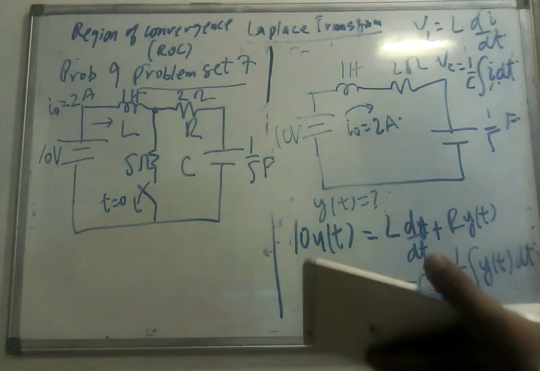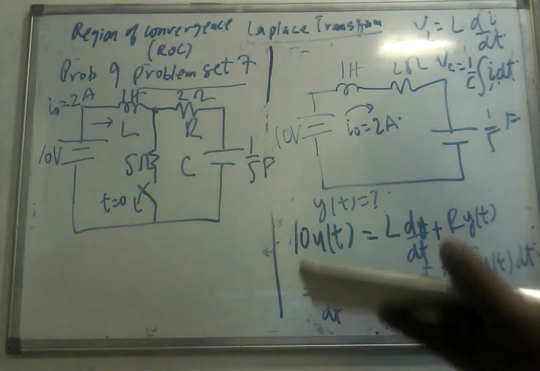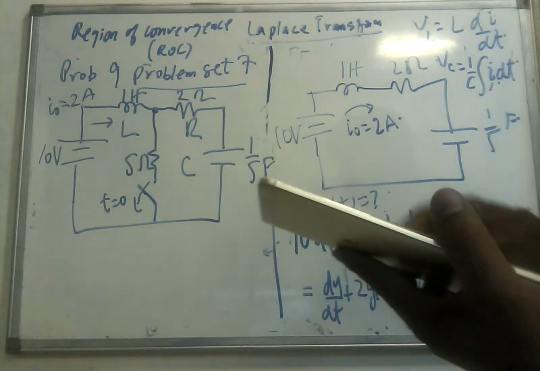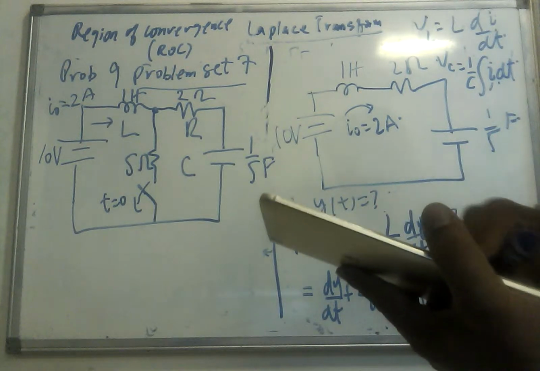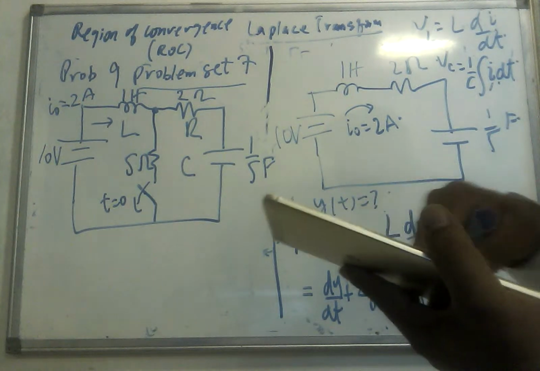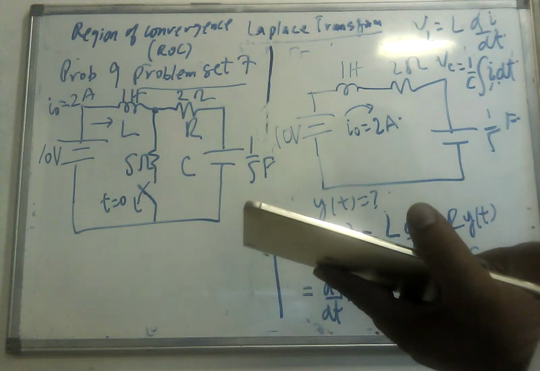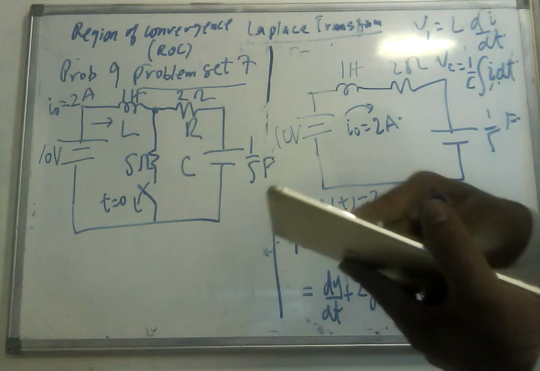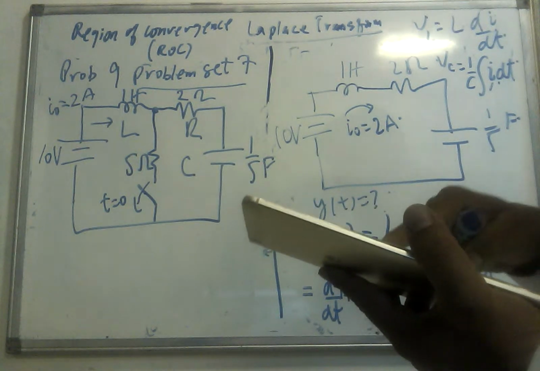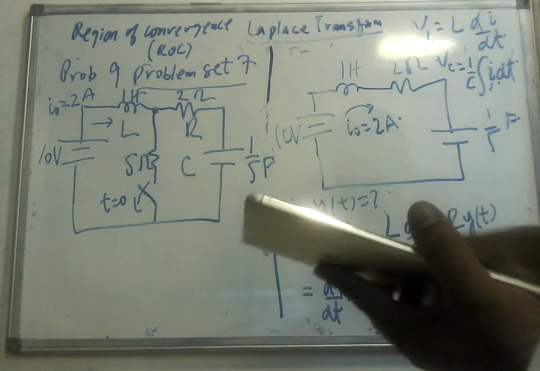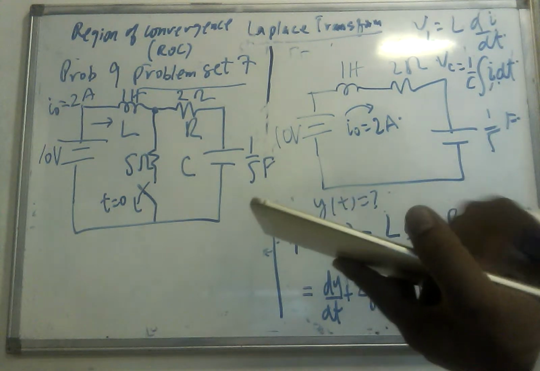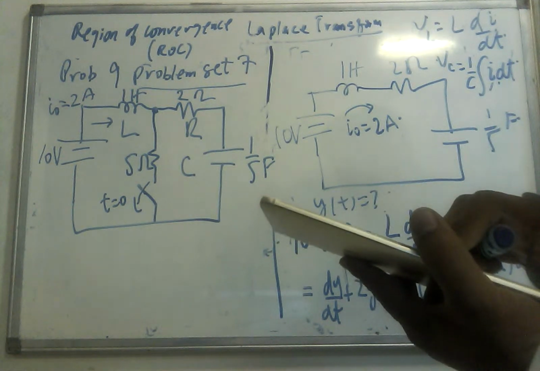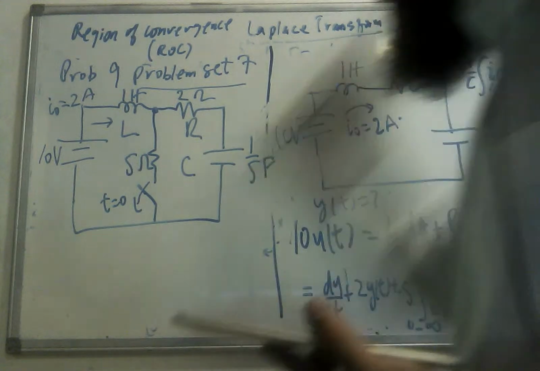So what I do, I find the Laplace transform. So what is the Laplace of the dy by dt? Now this is also in the table. If you go to the table, I can see the properties of Laplace, and I can look at the last page for the Laplace transform.